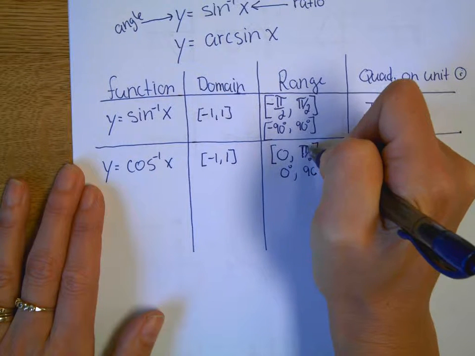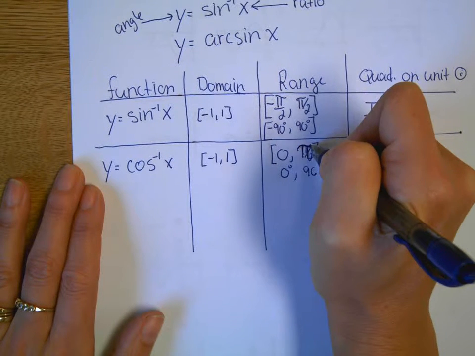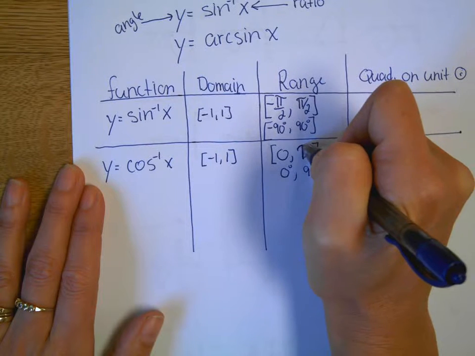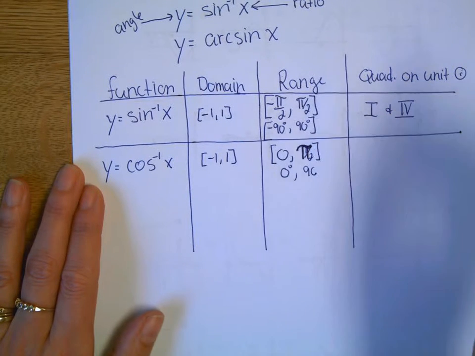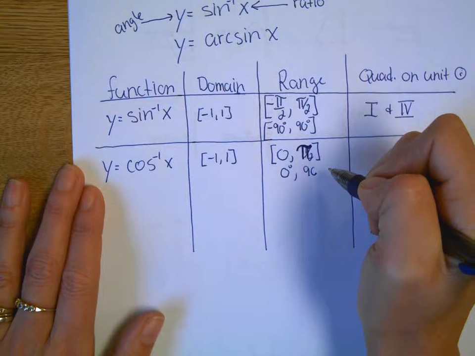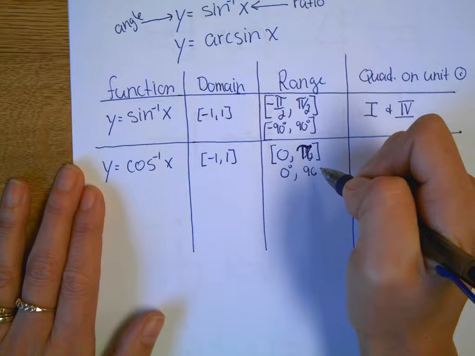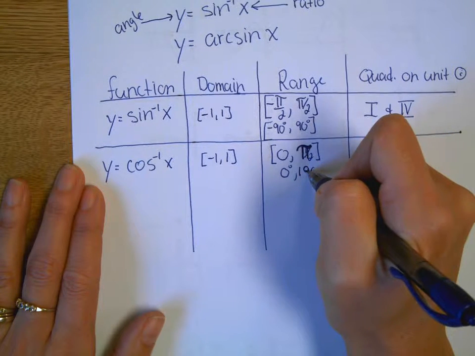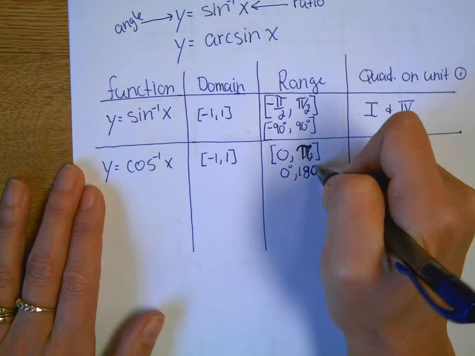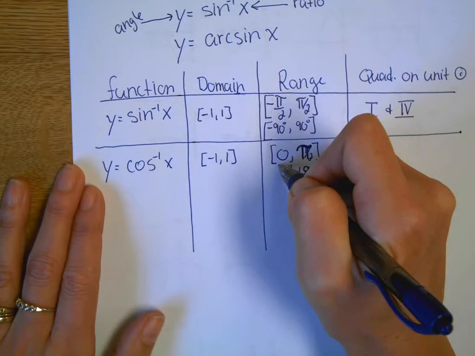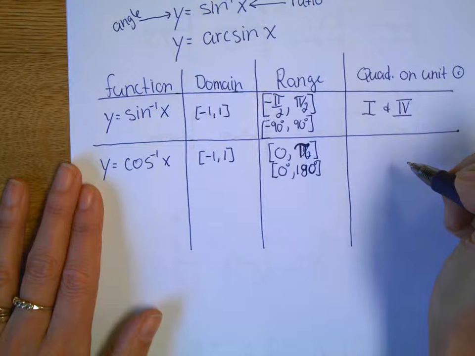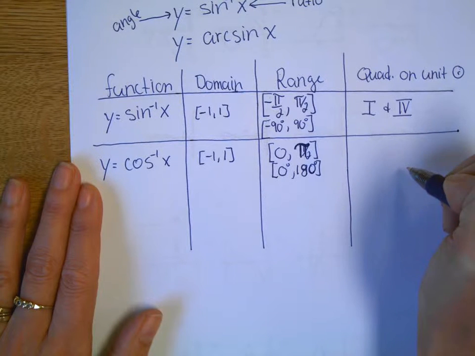Oh, not pi over 2, sorry, just pi. Where's pi at? How many degrees? 180. So 0 to 180 for cosine. What two quadrants are we going to be looking at? 1 and 2.